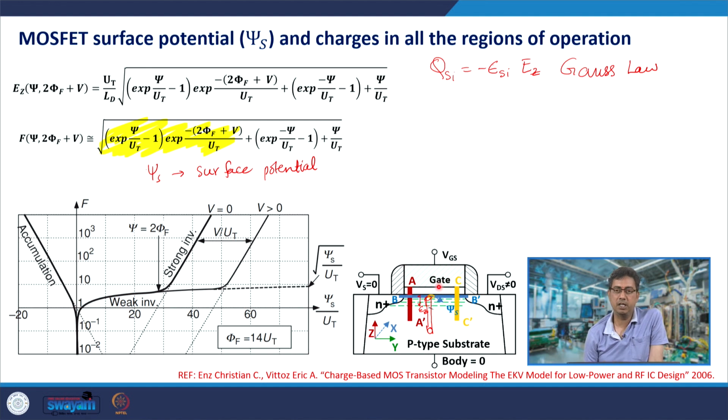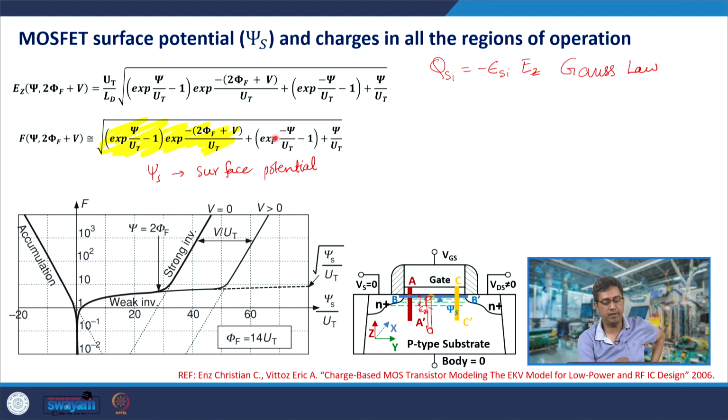This represents the hole density per unit area, and this represents the depletion charge per unit area, looking from the top. So as chi s increases, the electron density per unit area increases exponentially. When does this dominate?